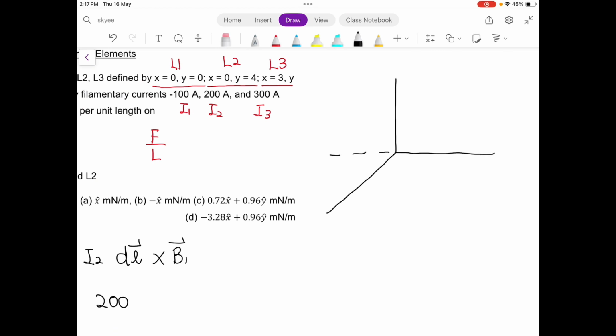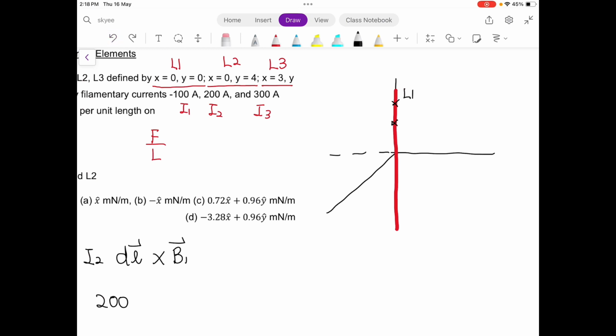For L1, X is 0, Y is 0, meaning your L1 is this. All the points along L1 have X equals 0 and Y equals 0. That's why it is labeled as L1.